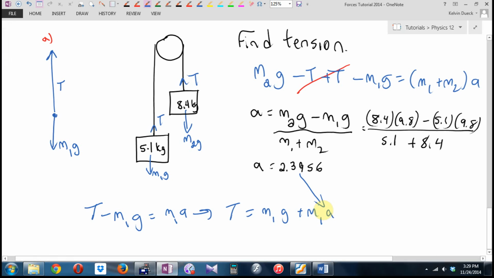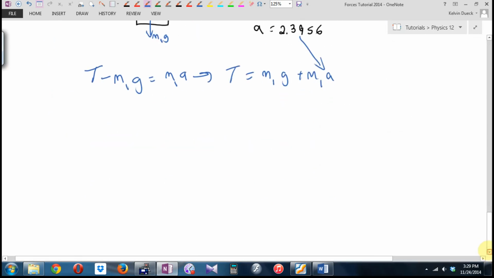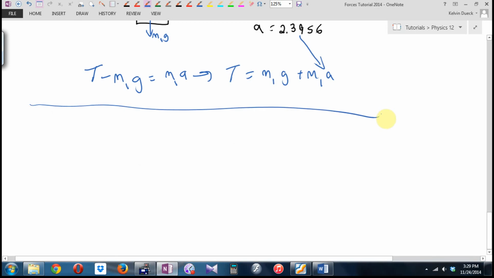Hey, what if I gave you only one mass? Okay. So still an Atwood machine.